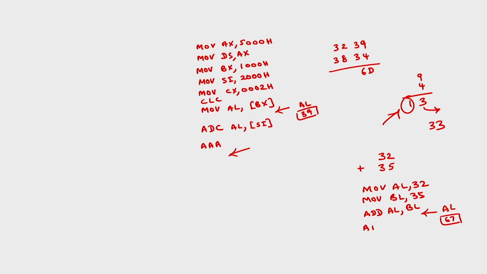If I write instruction AAA, so what is correct? This is ASCII corresponding to 2. This is ASCII corresponding to 5. So 7. ASCII of this one is 7. So after this what happens is AL will be containing 07, which is unpacked BCD. This is called unpacked BCD.